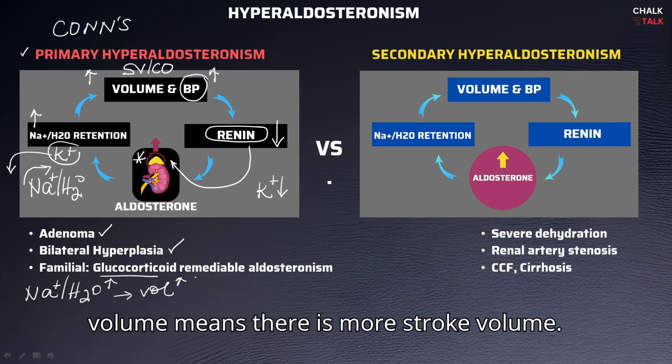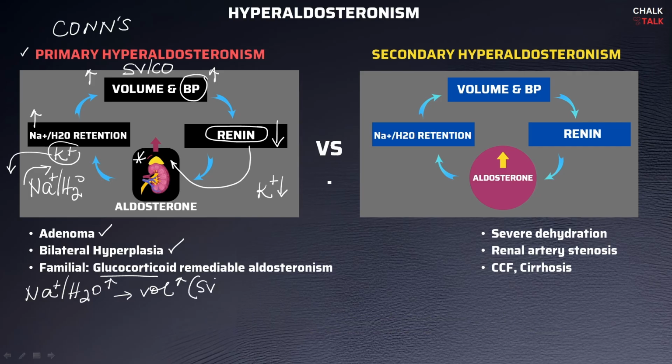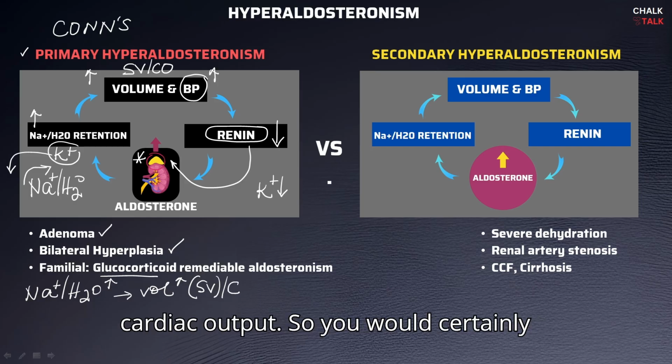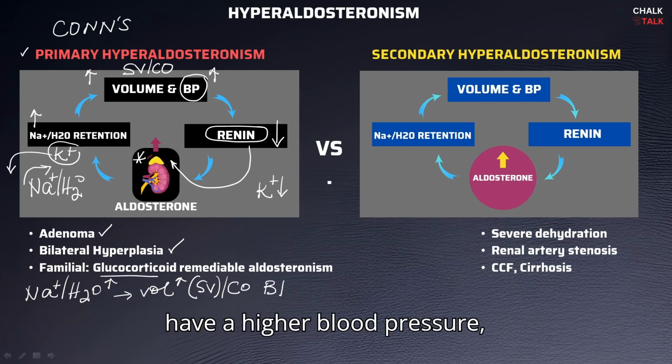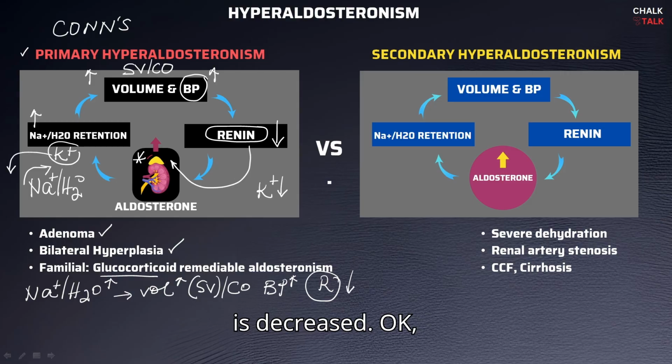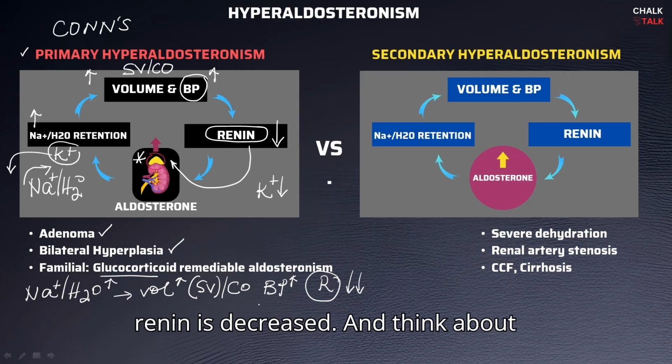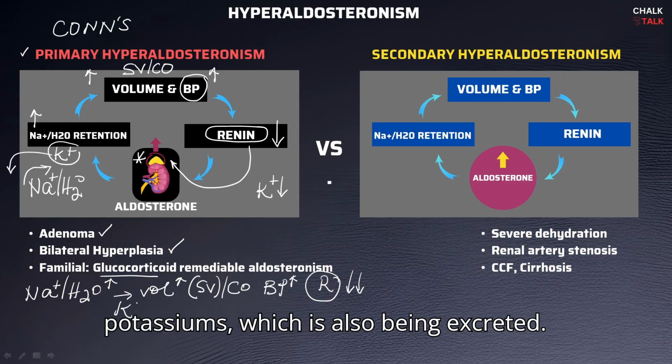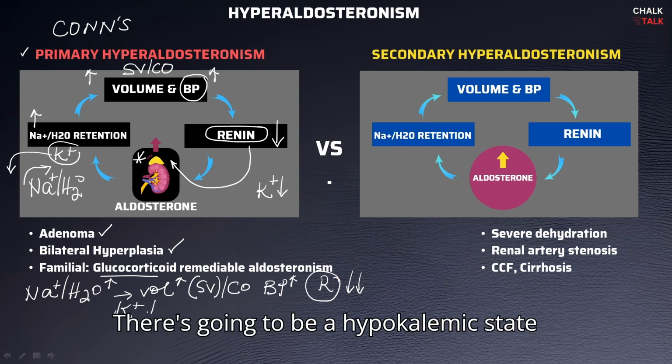More volume means there is more stroke volume. More stroke volume means there is more cardiac output. So you would certainly have a higher blood pressure, right? Renin, importantly, is decreased. And think about potassium, which is also being excreted. So there's going to be a hypokalemic state.